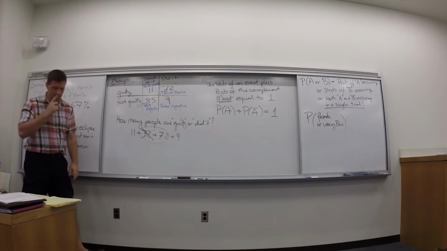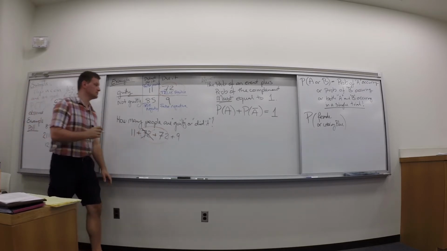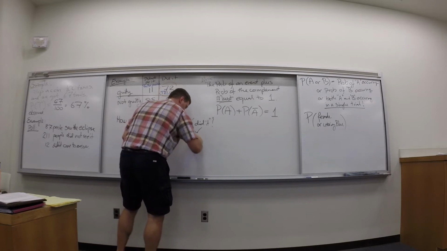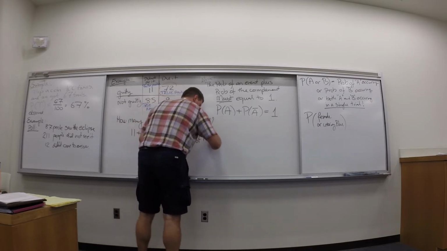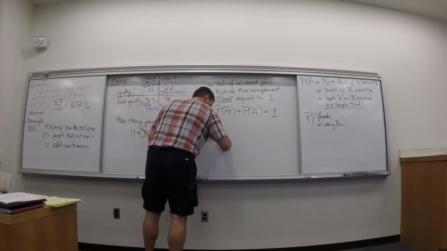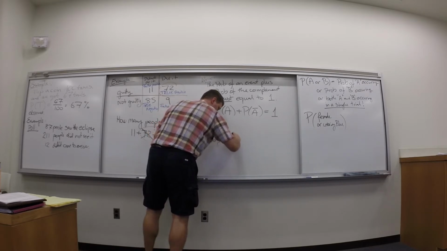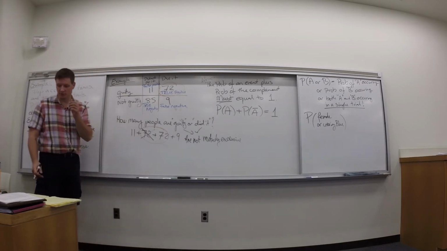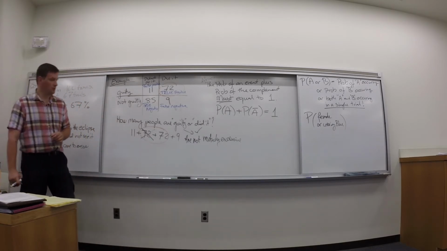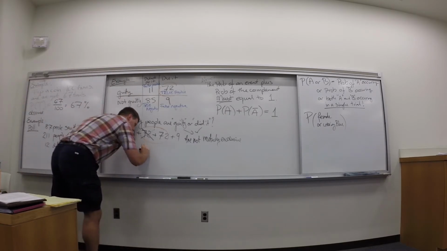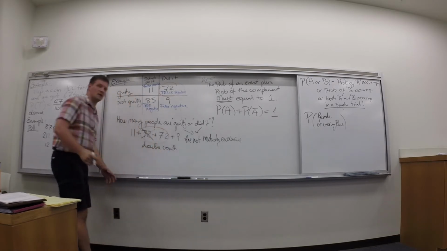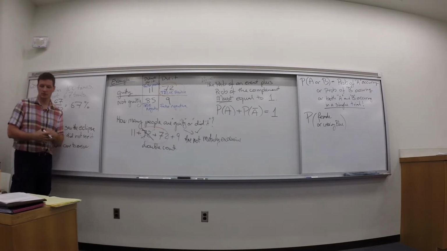Now the problem is that those 2 events are not mutually exclusive. They are not mutually exclusive. So we are having a double count, and we need to remove the double count.